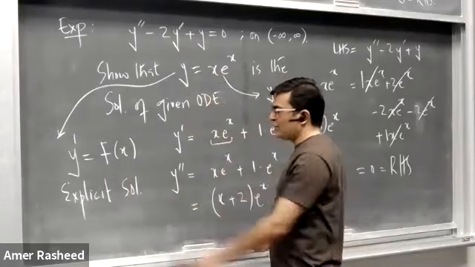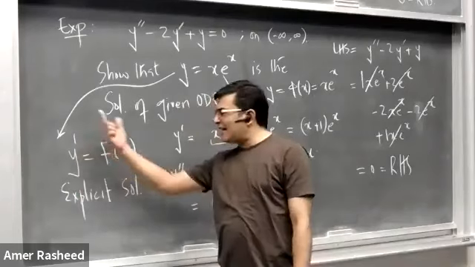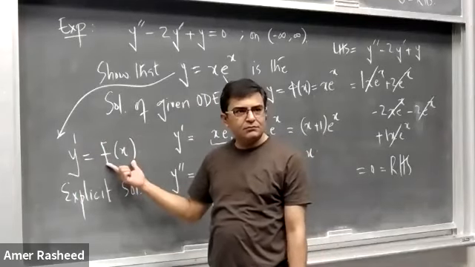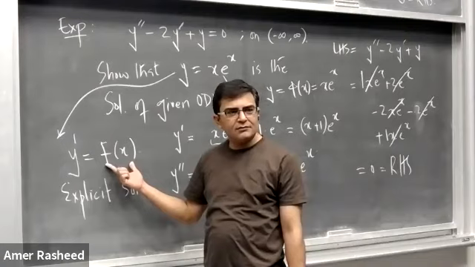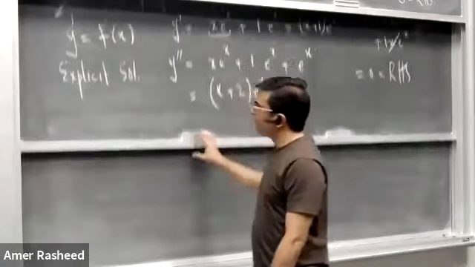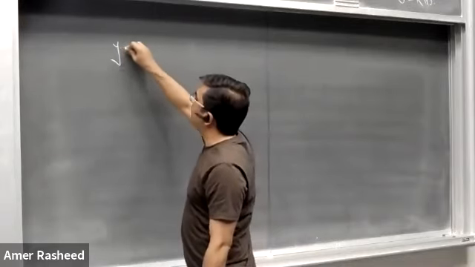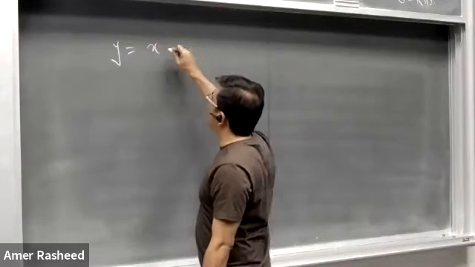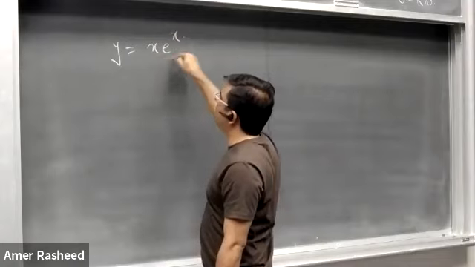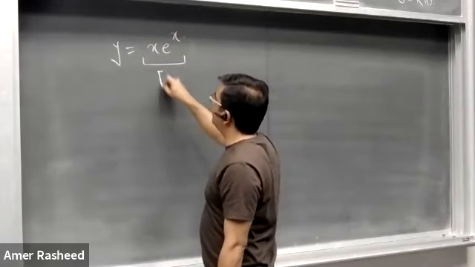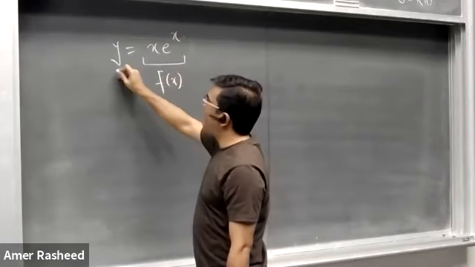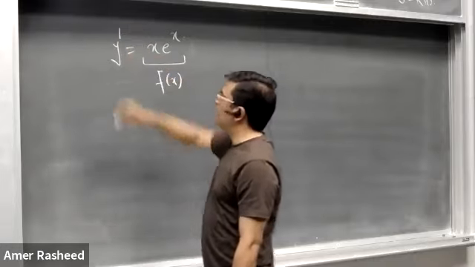Can you please explain this again? Y is an explicit function of x only. For example, y is x e raised power x, as we wrote above. This is a function of x only, and we have y here whose degree is 1.